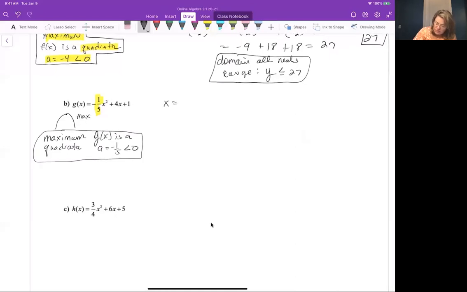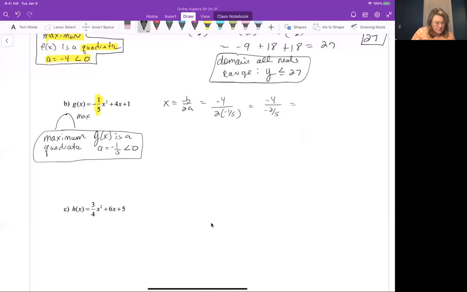The first thing I need to do is find my x coordinate of the vertex, which is equal to negative b, which is negative 4, over 2 times negative 1/5. Which is equal to negative 4 over negative 2 over 5. Okay.